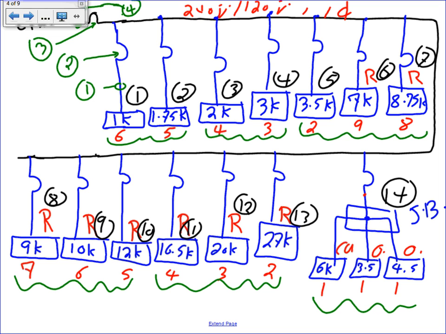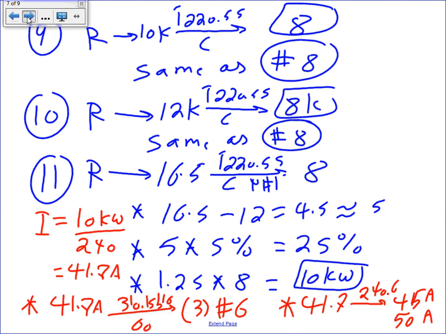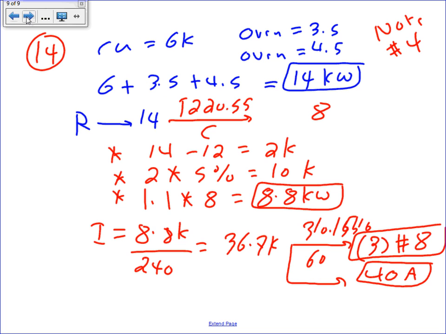Where's the overcurrent protection device for these? None. They don't have an overcurrent protection device. There is one here, which is number 8 for circuit 14. Come over here, then you tap it, most likely with number 12, 12, 12 to feed the others.